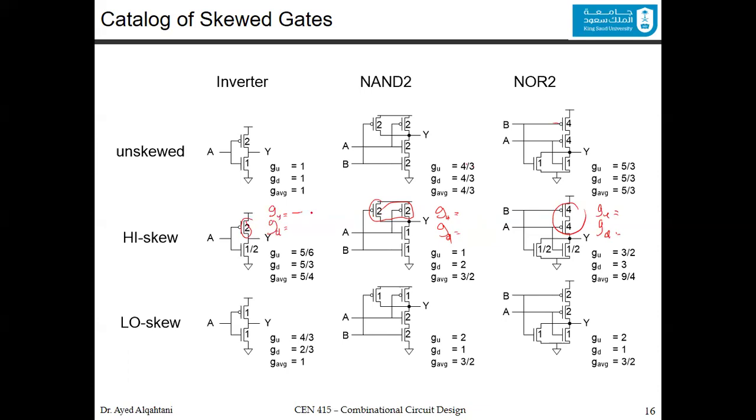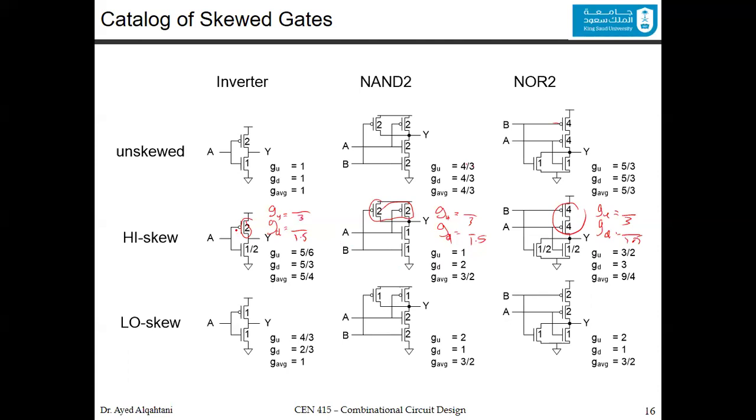Since you are favoring the pull up network, you will divide by 3 in the pull up network. You are sacrificing the pull down, so you will divide by 1.5. That's basically the whole thing. Now, since you are sacrificing this, you will halve its sizing. You are sacrificing this one too, so you'll halve its sizing. Similarly, you are sacrificing this one, you will halve its sizing.